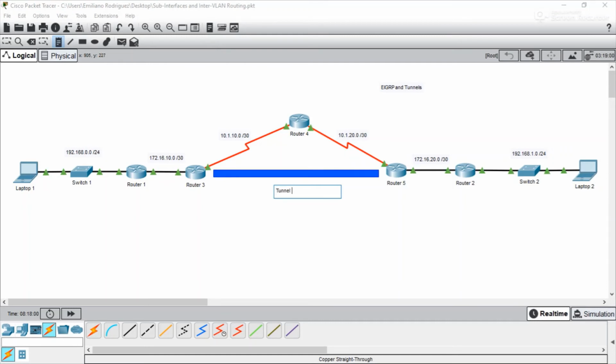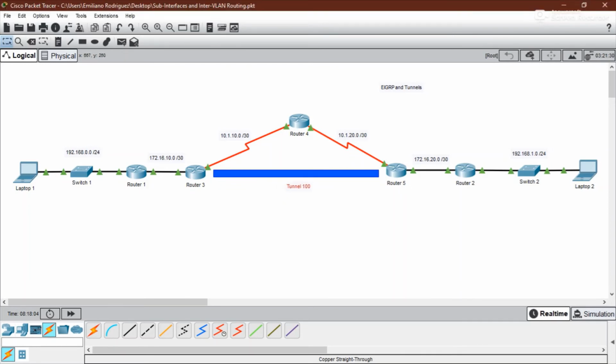We will use tunnel 100, and it will be connecting our two local area networks, and it will be using EIGRP 100.